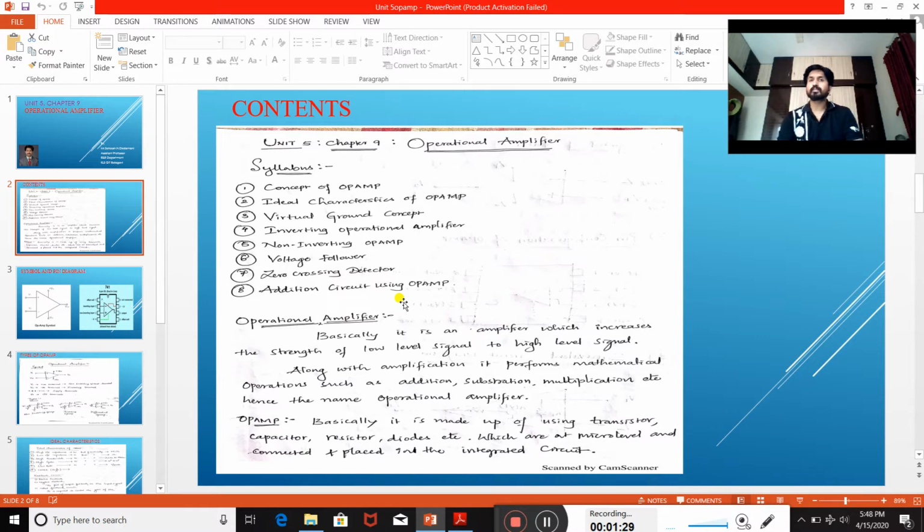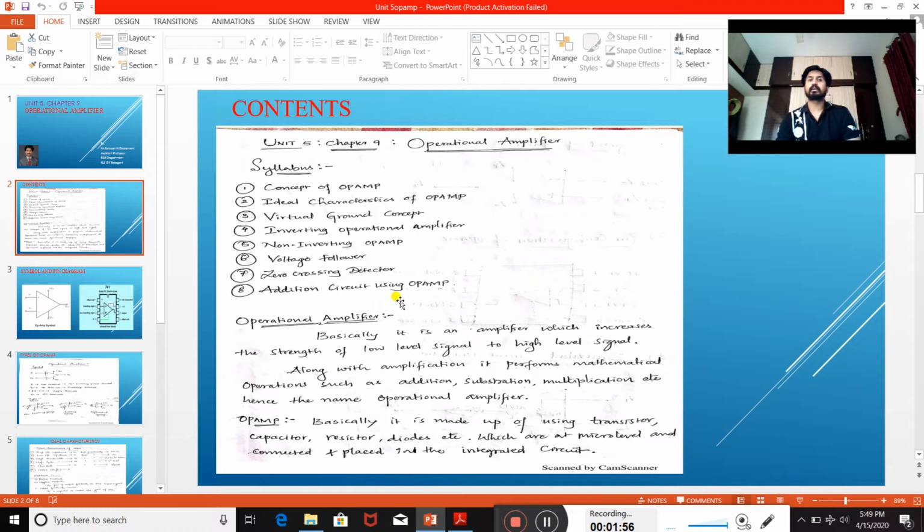So, concept of operational amplifier. What is an operational amplifier? An amplifier is a device which converts a low level input signal into a high level output signal. It is called an amplifier, and the process which does this is called the amplification process.